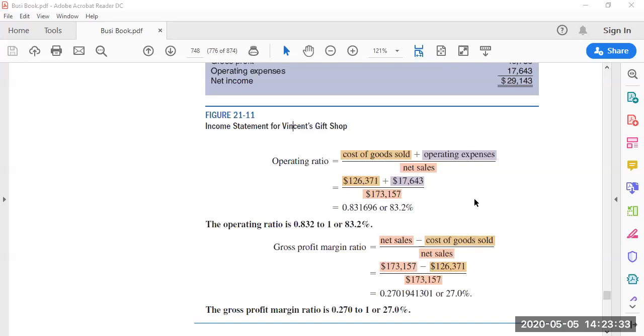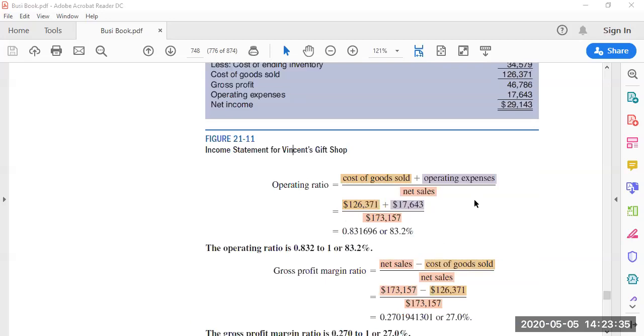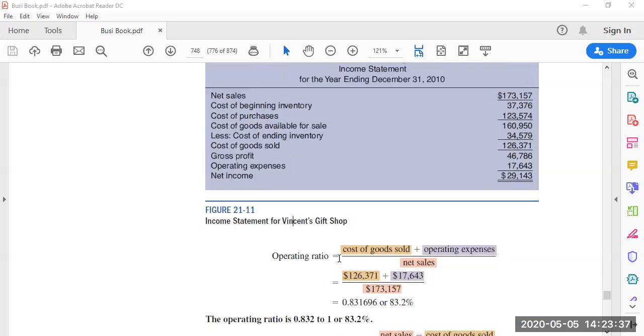Because if you look at net sales and taking cost of goods sold out, the previous example here, we took cost of goods sold, added the operating expenses, and then subtracted that, and then divided that by net sales.